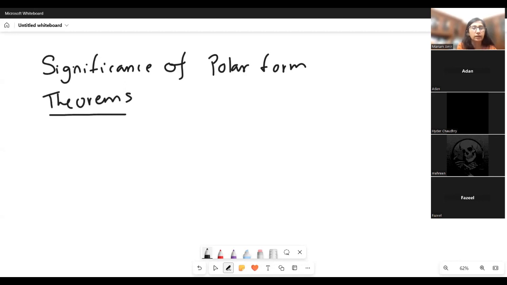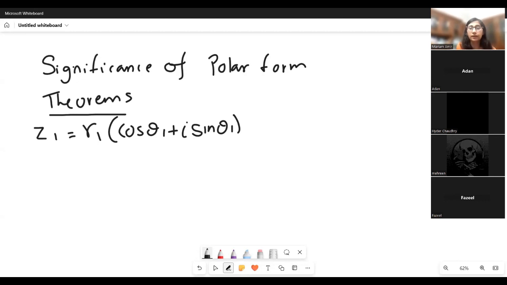which is that if Z1 is a complex number in polar form, which is r1 (cos theta 1 plus iota sine theta 1), and Z2 is another complex number in polar form, which is r2 (cos theta 2 plus iota sine theta 2).